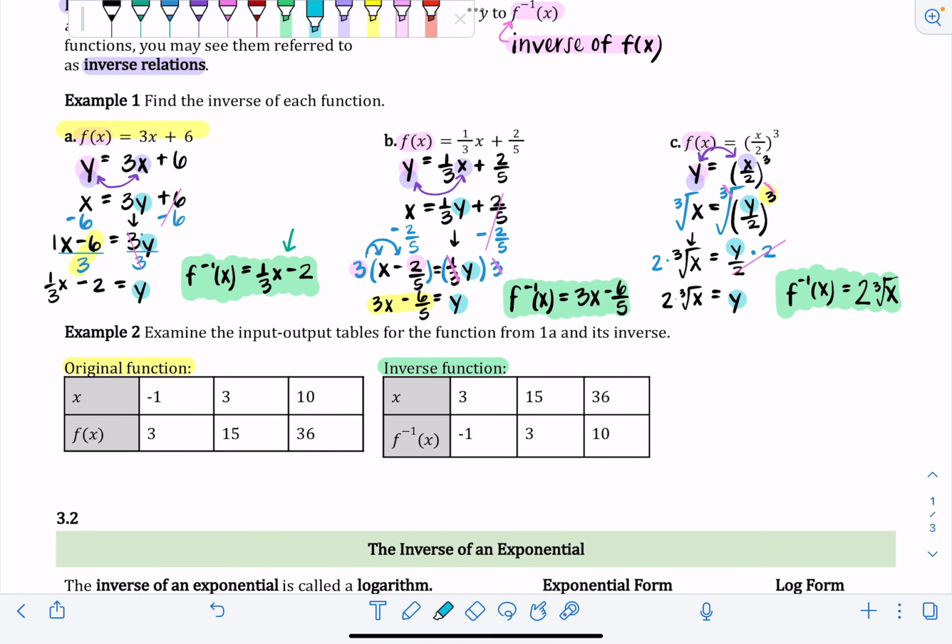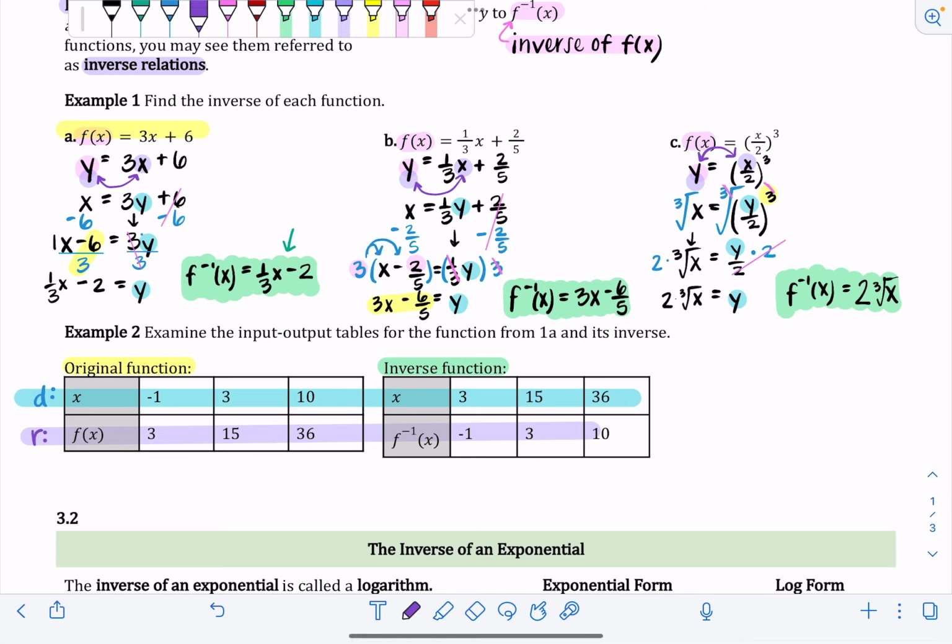So when you're looking at input output tables, the top row is the domain. It's all of the input values, and then the bottom row, or it could be left and right if it's vertical, but the bottom row would be the range.